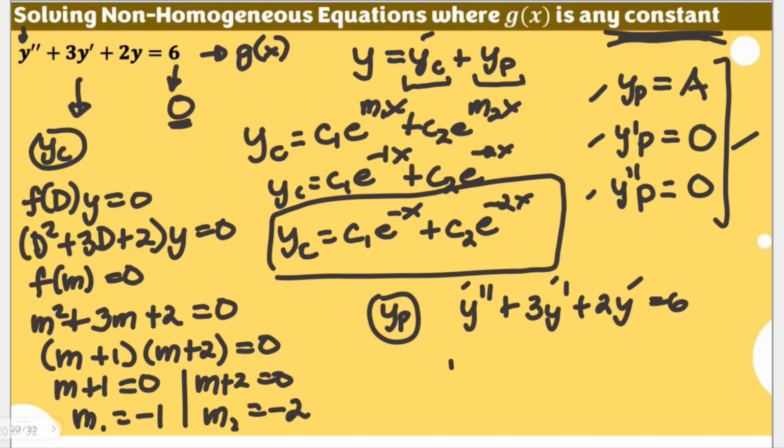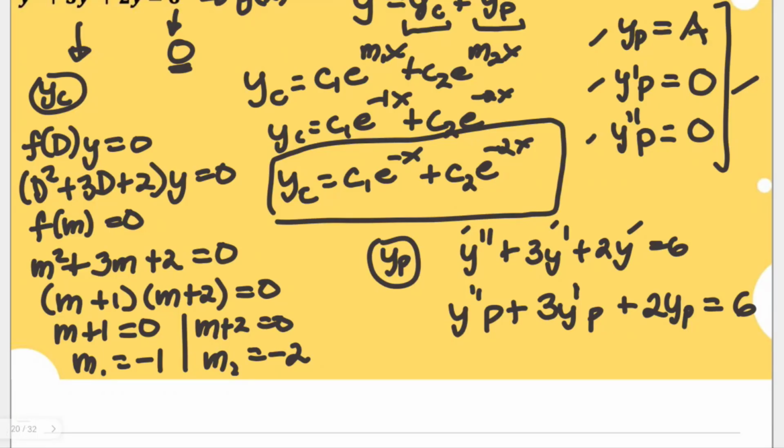So you will have y double prime of p plus 3y prime of p plus 2y sub p equal to 6 as well. Substituting the values presented here, your y double prime of p is 0, plus 3 times your first order derivative of y sub p, which is also 0, plus 2 times your y sub p, which is A, equal to 6.